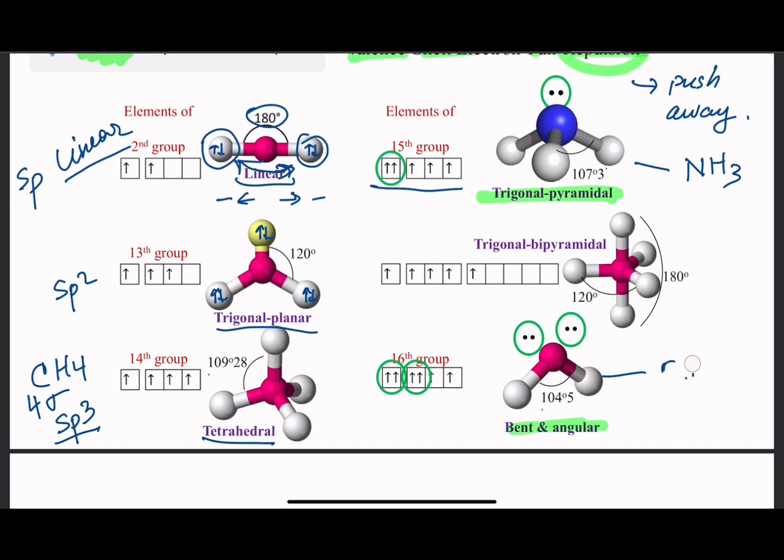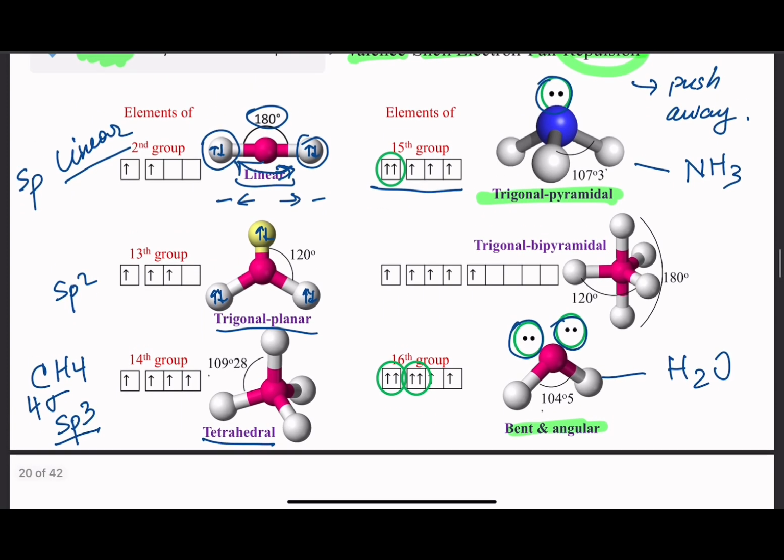Water, I'm going to write it like this, and I will show you how. You see this pair of electrons, and you see the one on top. If you remember, we have drawn the shape of nitrogen, NH3. Let's start all over again.